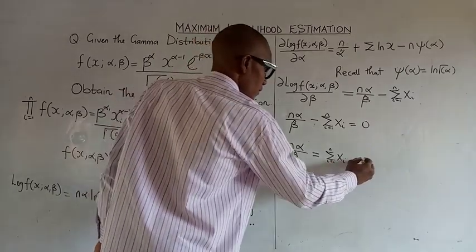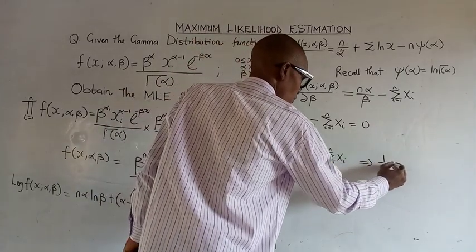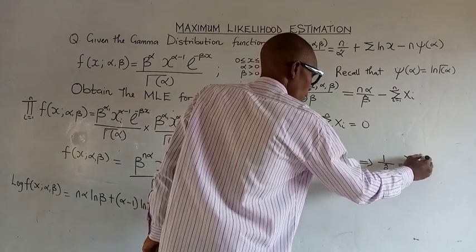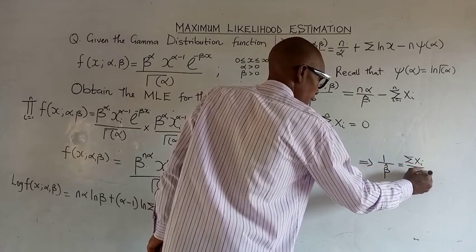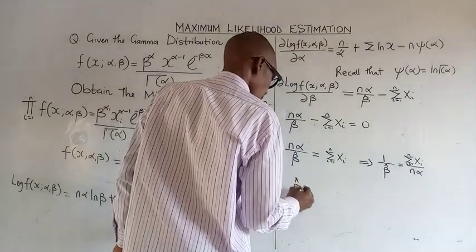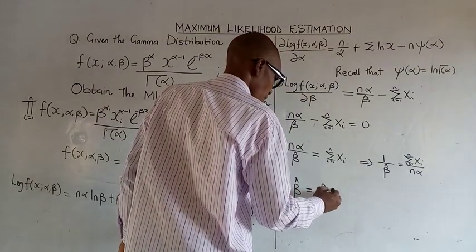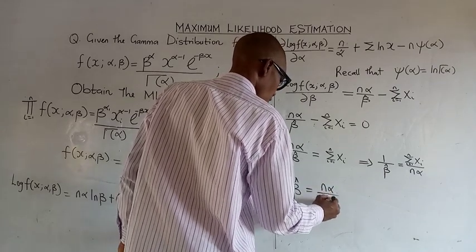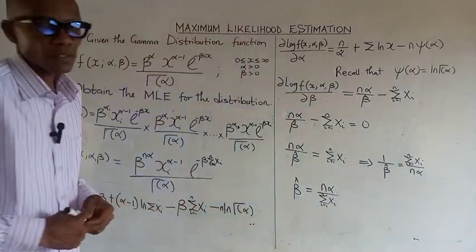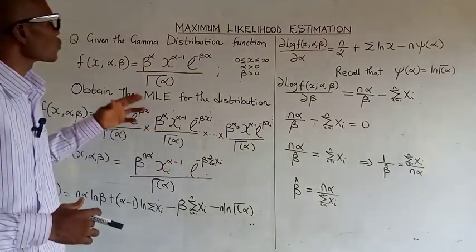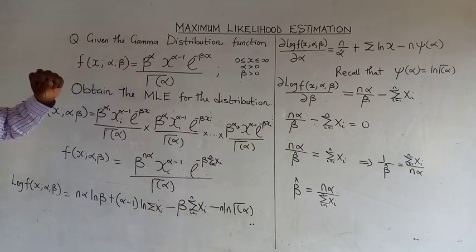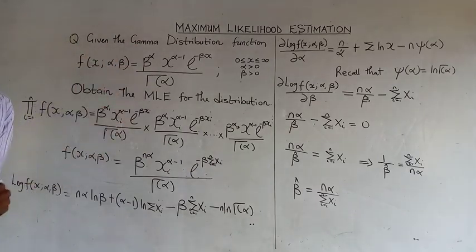It implies that 1 over the beta estimate will give us summation of xi's all over n alpha. So the beta estimate in this case will give us n alpha all over the summation of xi's. So this is just how we can resolve the gamma distribution using the maximum likelihood estimation.